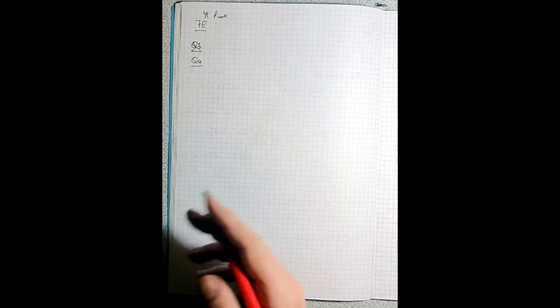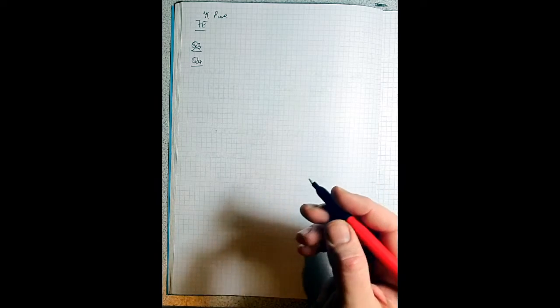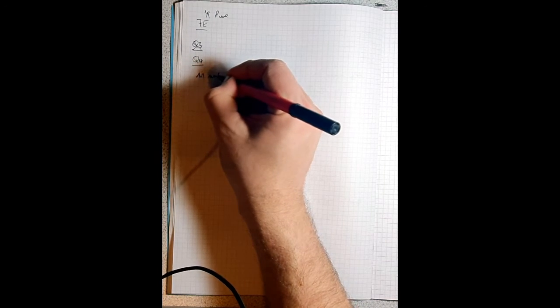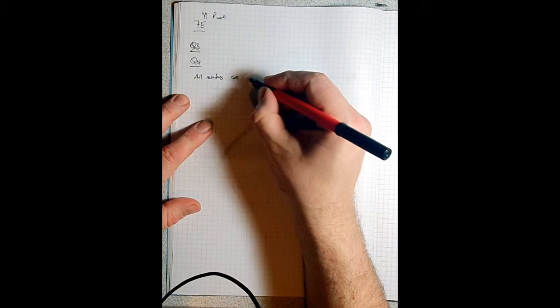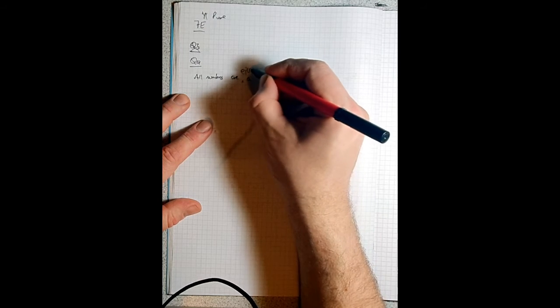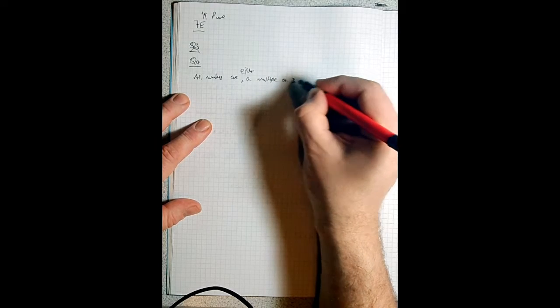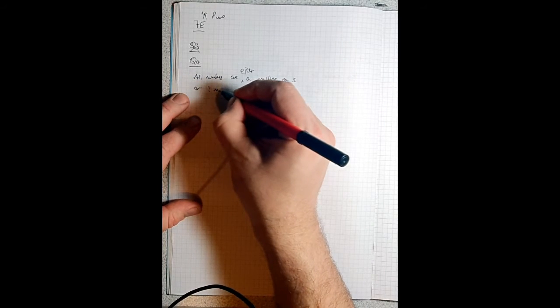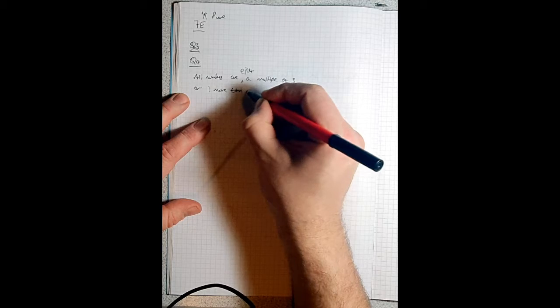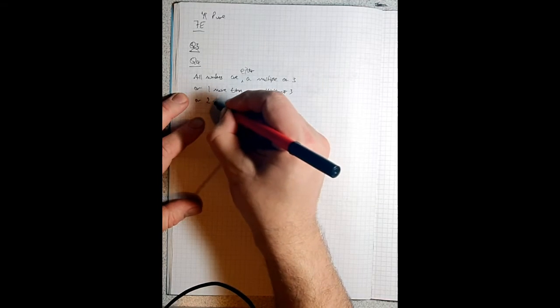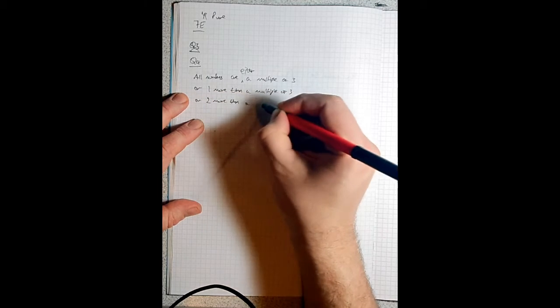Prove that all cube numbers are either a multiple of 9 or one more or one less than a multiple of 9. So that's 3 conclusions I need to make, so I need 3 different types of number to cube. Now of course, all numbers are going to be either a multiple of 3, or one more than a multiple of 3, or 2 more than a multiple of 3.